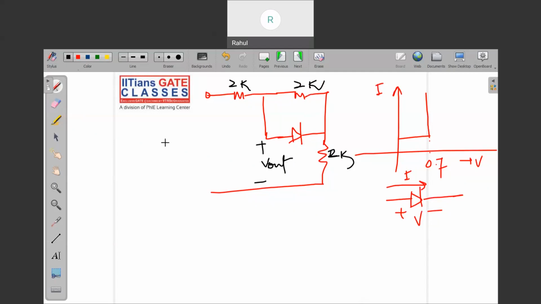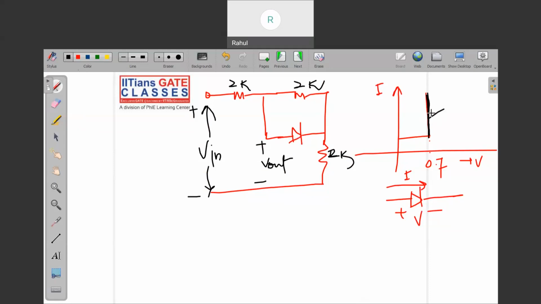If somebody knows the concept which I discussed yesterday and today, they can use it. So how fast can I solve this problem? The V max and V min we have to find, right? When the diode is on, this diode will be replaced by a short circuit.